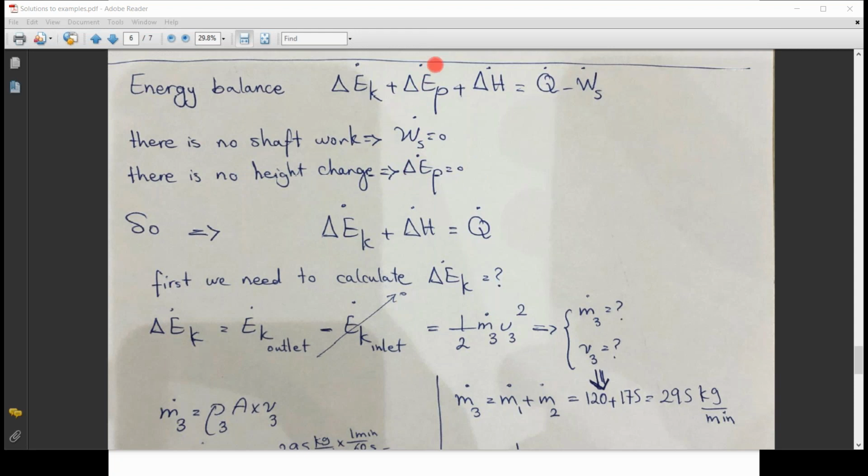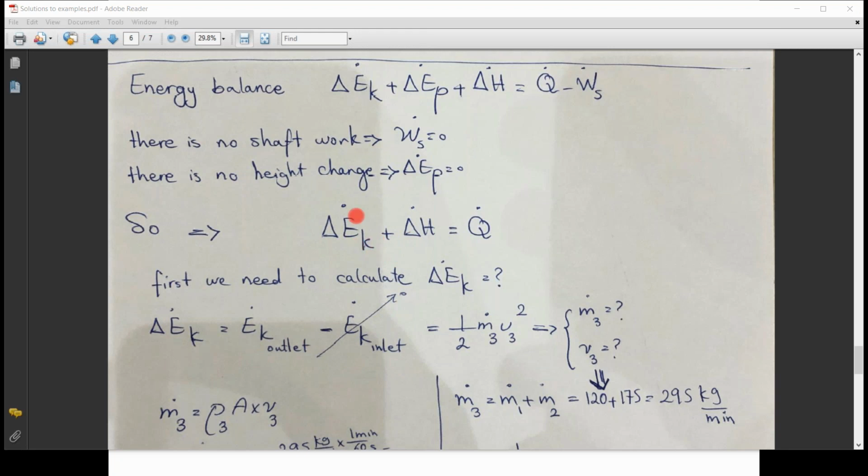By crossing out delta EP and WS as terms that are neglected, you have delta EK and delta H, which will equal the heat. So to calculate the heat that is supplied to the boiler, you have to calculate the change of kinetic energy plus the change of enthalpy of the inlet and outlet streams.